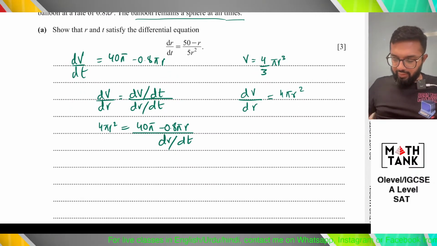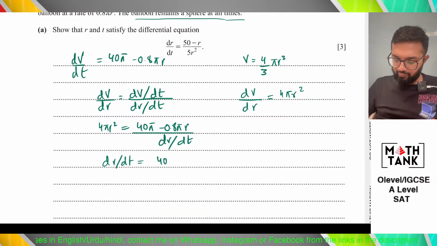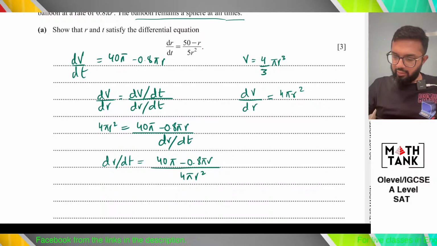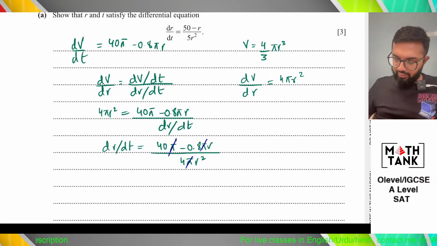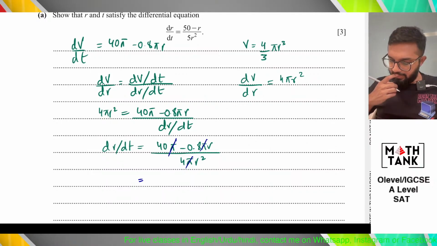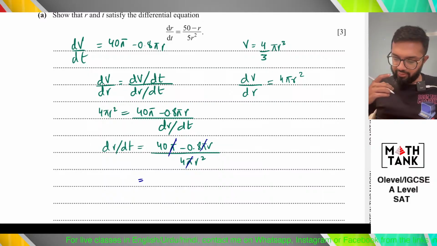You shuffle things around. I see pi is common to all of them, so let's get rid of that. Then there needs to be some simplification in terms of the numbers that are here. So let's first change 0.8, which is basically 4 over 5.